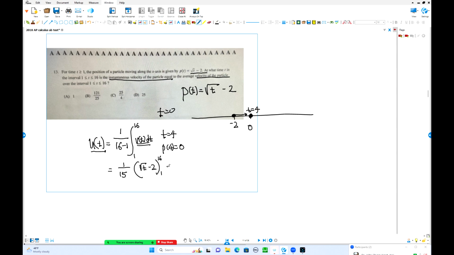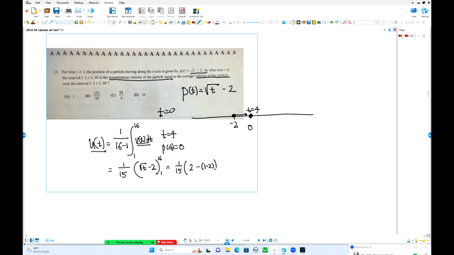Now let's find this. Square root 16 is 4, 4 minus 2 is 2, and minus square root 1, which is 1 minus 2.